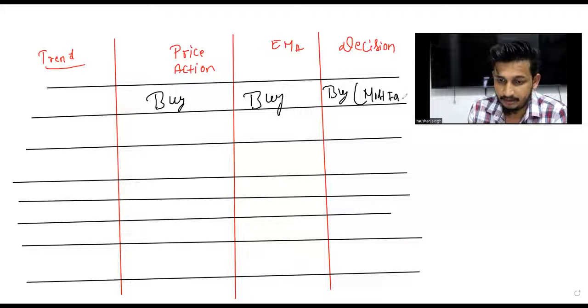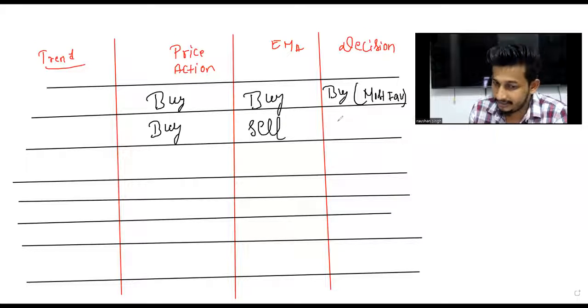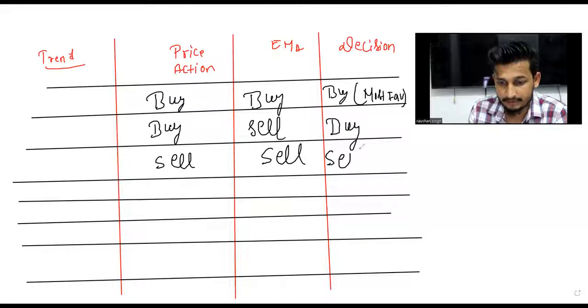If the price action is on the buy side and EMA is on the sell side, we will always go for the buy side because we will be following the price action. If price action says go for selling and EMA is also on the sell side, then we go for the sell side.